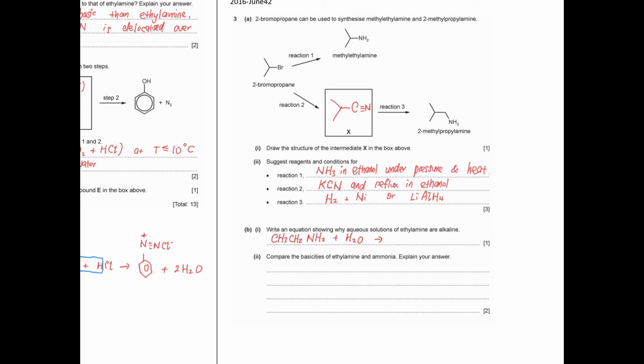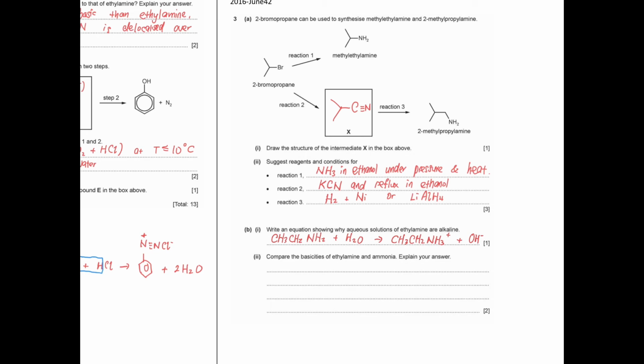They dissolve in water, and then the nitrogen acts as a proton acceptor, so it accepts protons from H2O, giving CH3CH2NH3+. The water loses a proton and becomes hydroxide ions. So from here, we can see the production of hydroxide ions makes the solution alkaline.